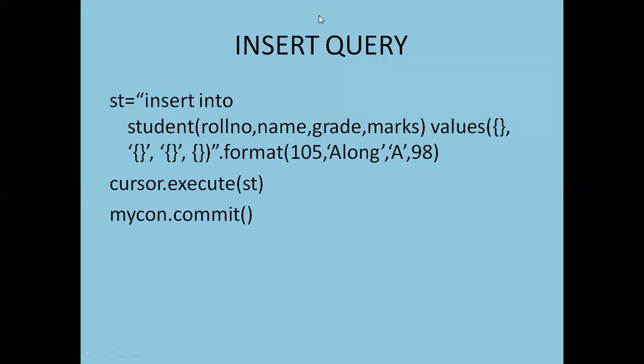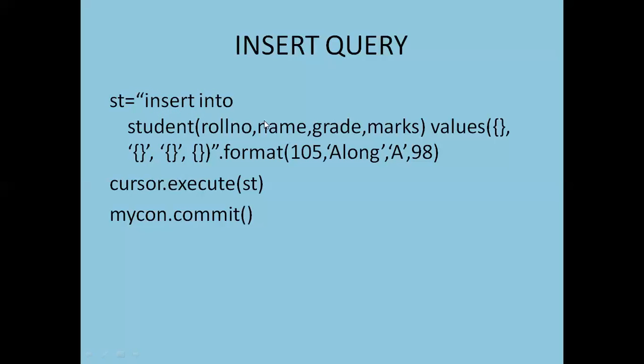But one thing we have to remember is that after you execute that line, you have to make sure that you use a commit command. That means once you make any changes, such as inserting a value, you have to make sure it takes place. Commit means whatever changes you're applying should take place in your SQL. We know that the SQL command for inserting data into a table is insert into student.